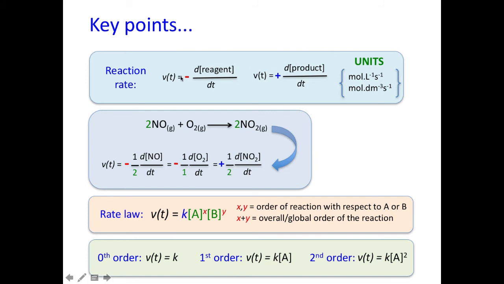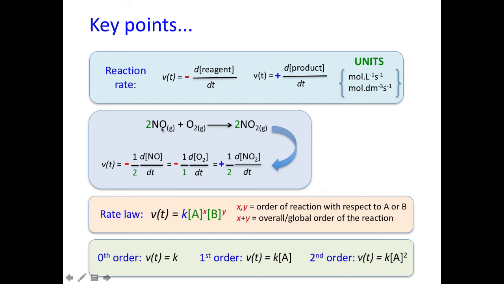This happens because Vt is always positive. Since this quantity here is negative, we need to add a negative sign here, as already discussed. The units of the reaction rate are mole per liter per second, or mole per cubic decimeter per second.